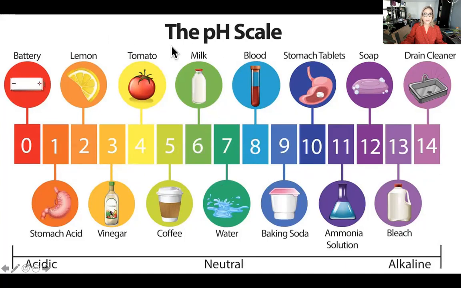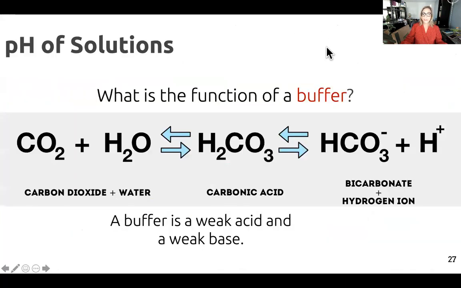So the final thing that you need to understand about pH is that buffers prevent the fluctuation of pH. Okay, a buffer is a weak acid and a weak base. Now, this is a really complicated chemical reaction I put here, so I'm just going to summarize it for you.